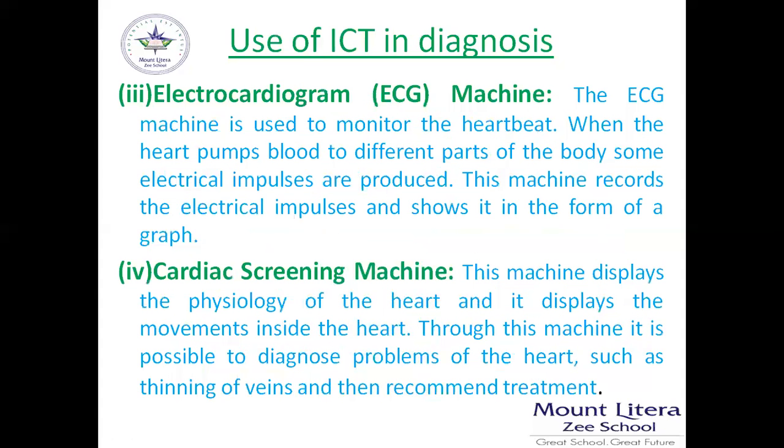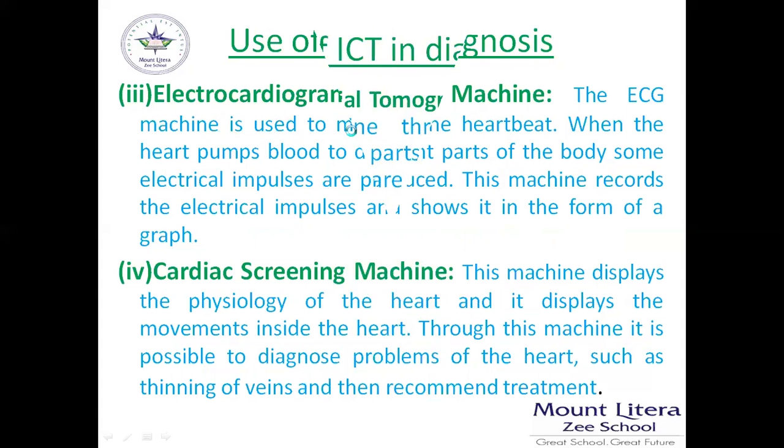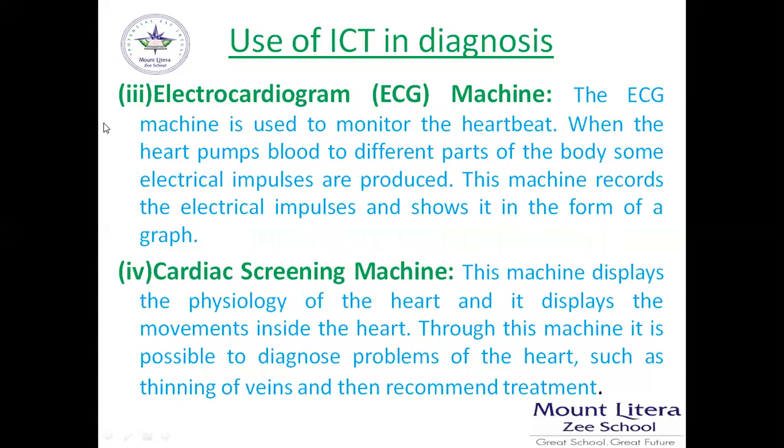Now, the third one is the electrocardiogram, ECG machine. The ECG machine is used to monitor the heartbeat. When the heart pumps blood to different parts of the body, some electrical impulses are produced.